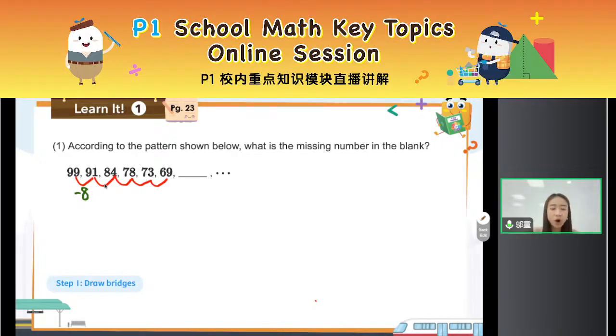What about from 91 to 84? How many do we minus to reach the next one? Anyone get the difference? Let me see whose calculation is the best here. From 91, we minus, oh, yes, correct, 7. And then, have a guess how many we're supposed to minus?